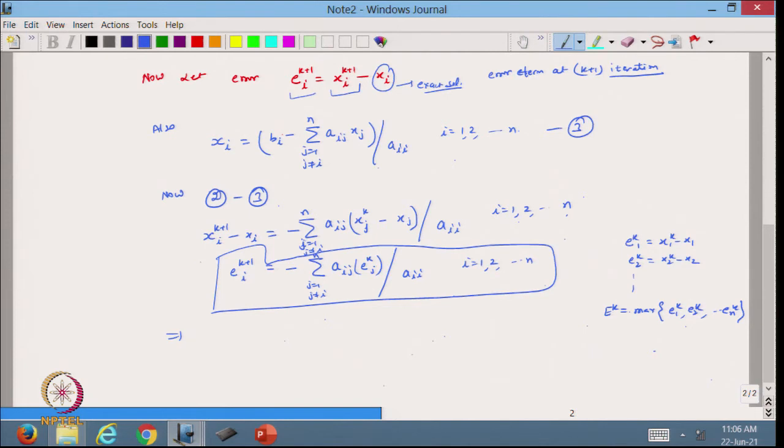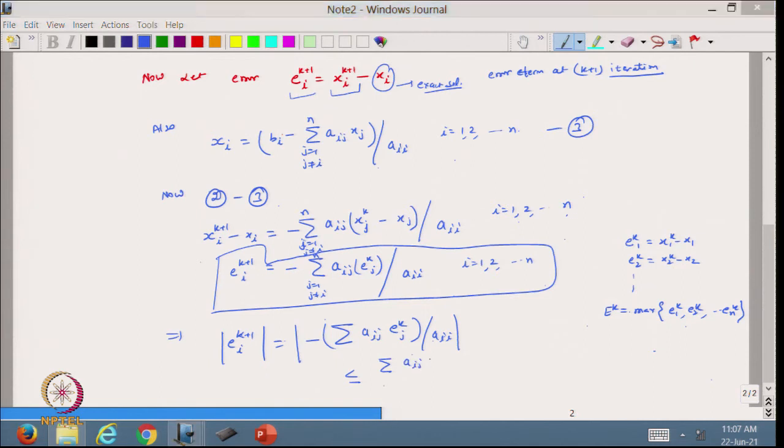Now, from here I can write this equation as, before that, I can just get rid of this negative sign. So I can write |E_i^(k+1)| as minus summation a_ij E_j^k, divided by a_ii.